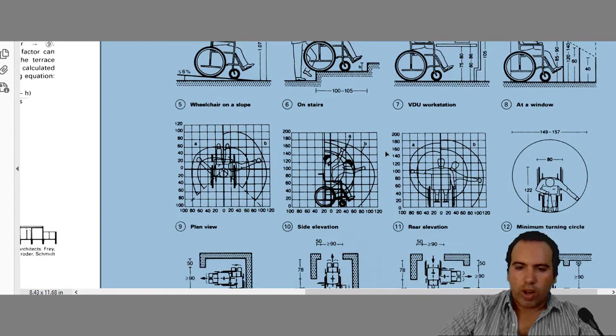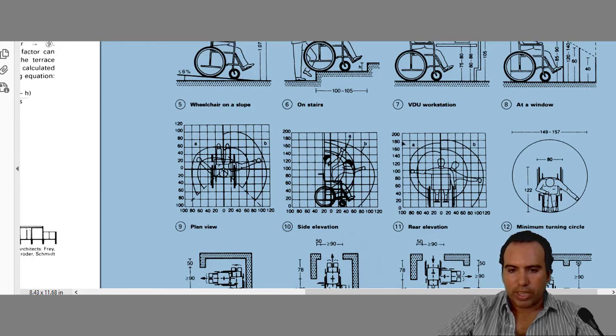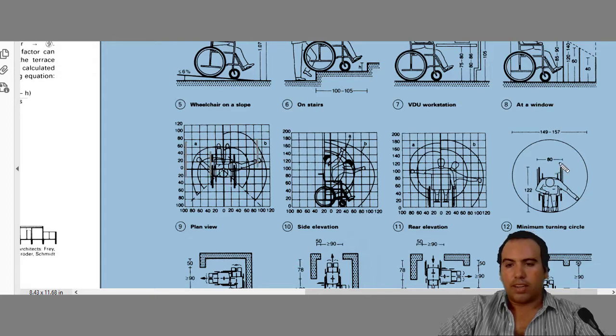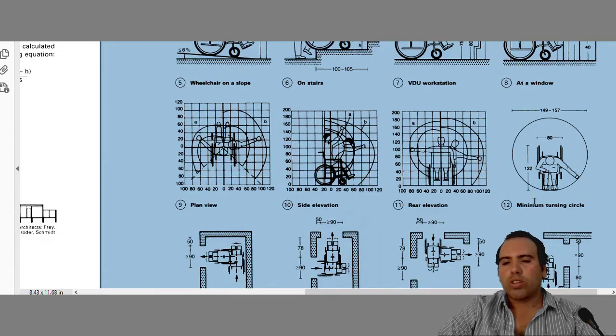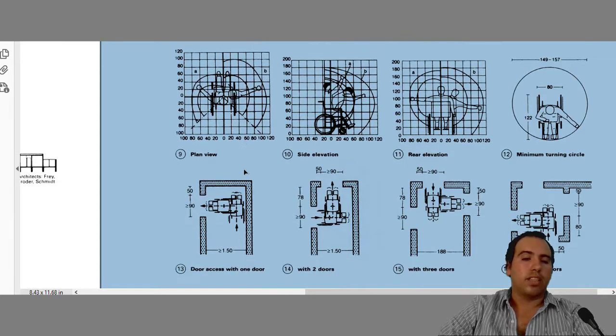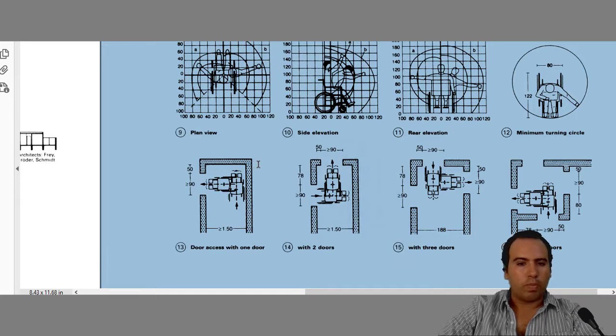As architects, we also consider how much you can reach by moving your hands, and this is what we get in all the diagrams here. Also the minimum turning circle, which is about 149 to 157 centimeters, but I would rather do it at 160 centimeters.